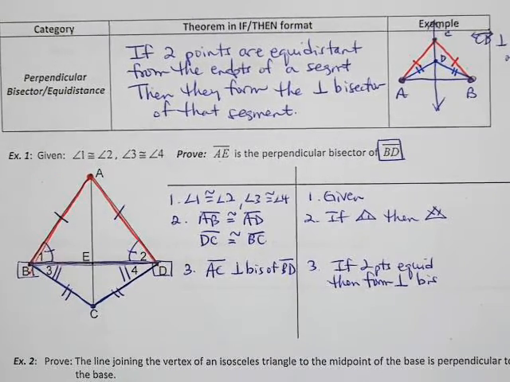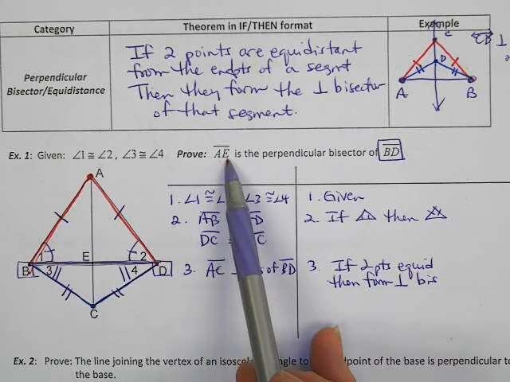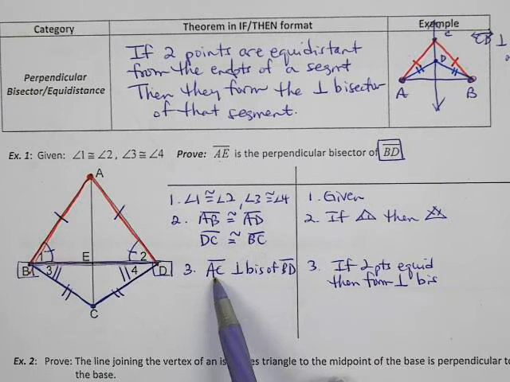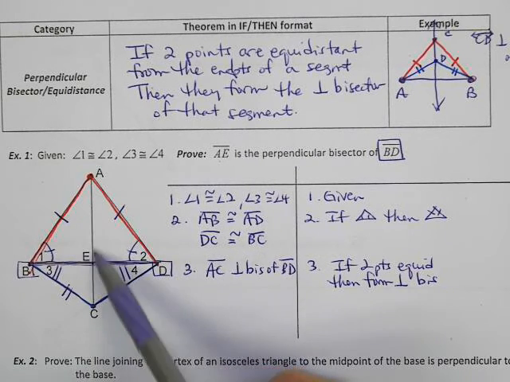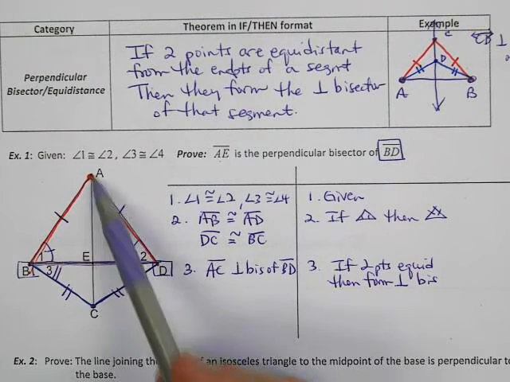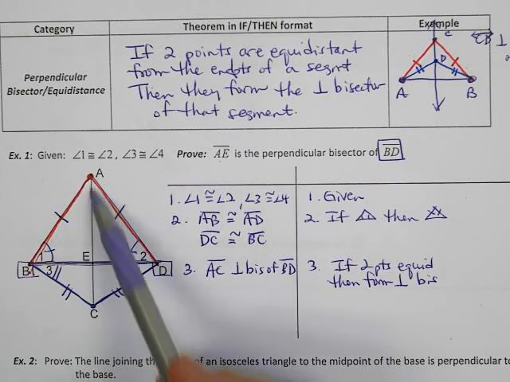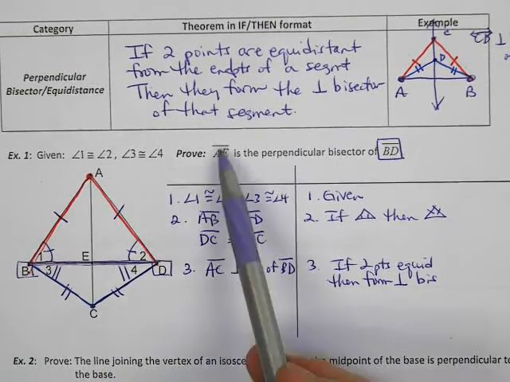Now you might be thinking, well, Mrs. Sweetwood, you marked AC and up here it says AE. All right. If we're thinking about AC, isn't AC part of the same line as AE? So that is okay because AC and AE will be equivalent in terms of those 3 points being collinear. So you could say AC here if you want to say AE. This is going to be the same thing.